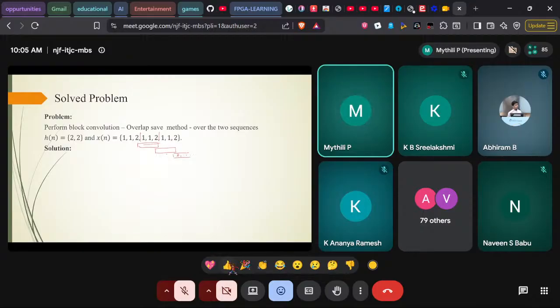You will have to be very careful while putting the blocks here. There will always be an extra block coming because the next block takes previous values. See, after this it is 0, 0, 0, right? There is still one more block coming into picture. I hope it is clear.